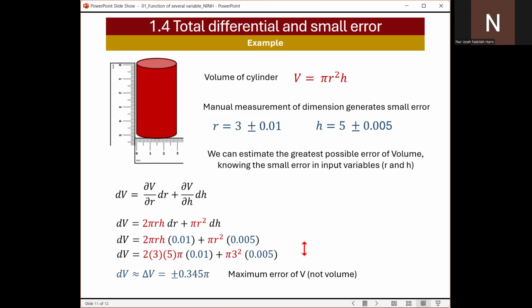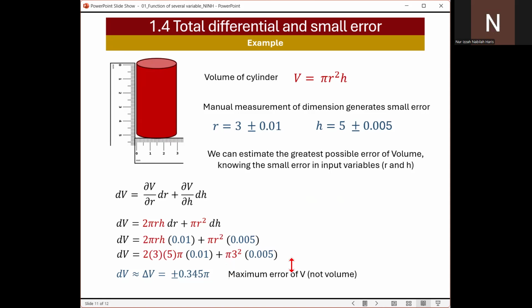So you multiply everything together, you will get dV, which is equivalent to delta V. Delta V means the error of the volume, and the answer is plus minus 0.345 pi. So this is the answer. This is the maximum error of volume that we can get if we do manual measurement of the radius and height. But please note that this is not the volume itself, this is just the error.